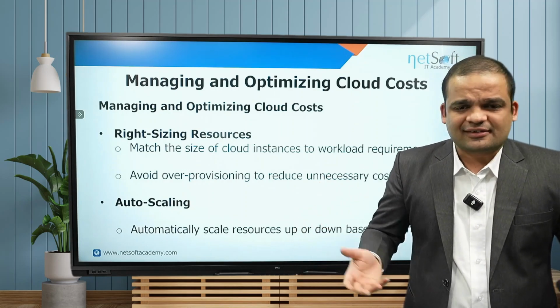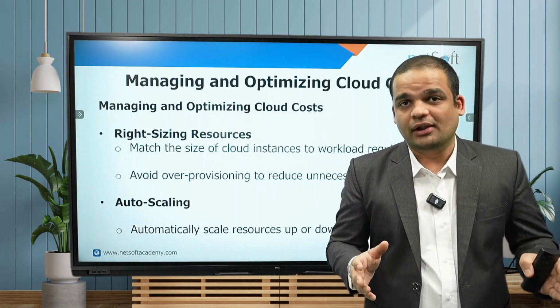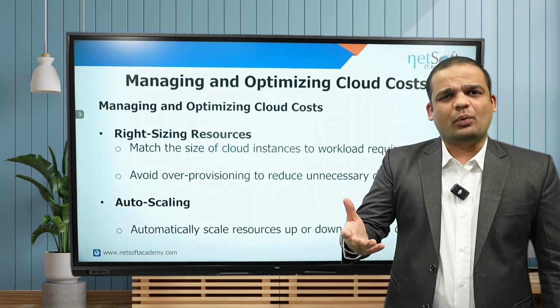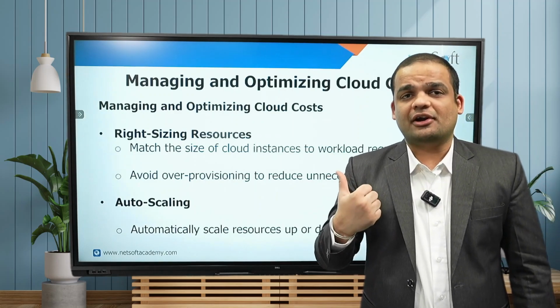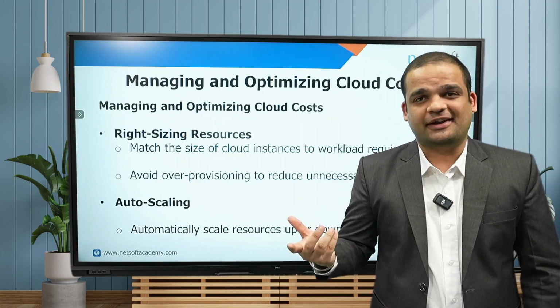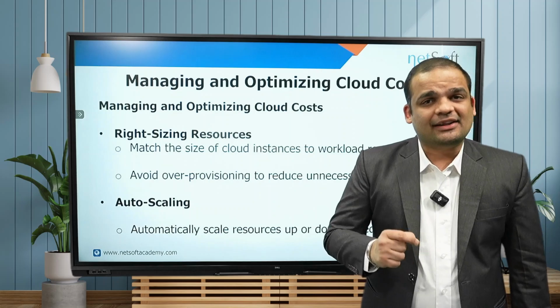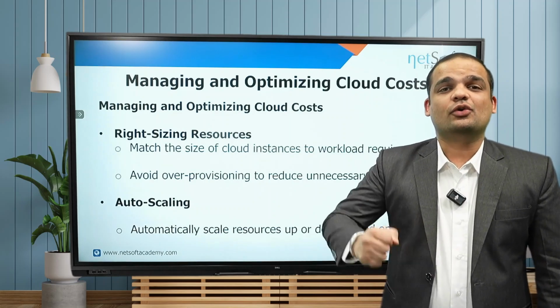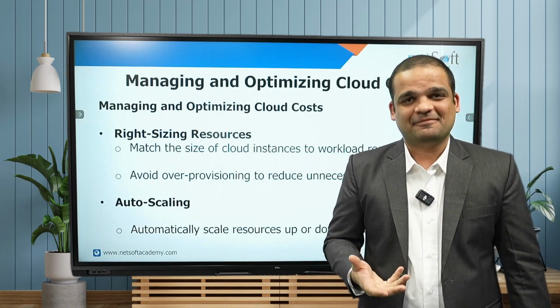To run a simple application, it can run that application very well, but aren't you wasting resources there? Yes, you are. And the cloud provider will not care because you are paying for that, right? So, by selecting the right instance size, you reduce waste and then you save money.